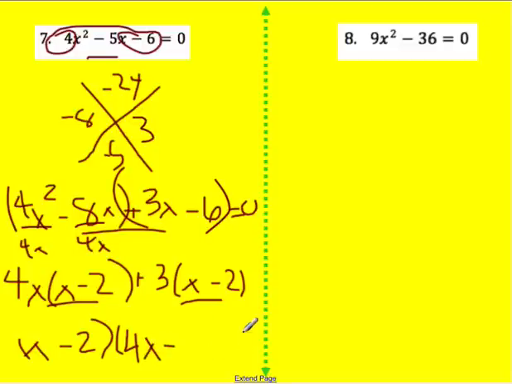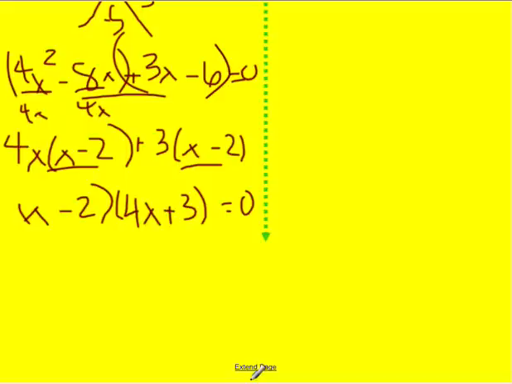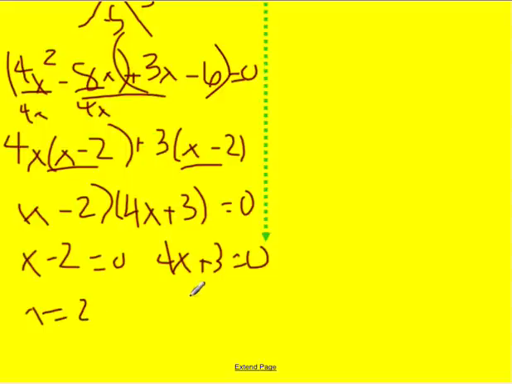Now recall that that was set equal to 0. So what I need to do now is take and set each of those factors equal to 0. X minus 2 is equal to 0, and 4x plus 3 is equal to 0. So here we get that x is equal to 2 when you solve that equation. And then the next one's going to take just a couple of extra steps. So you're going to start by subtracting 3 from both sides.